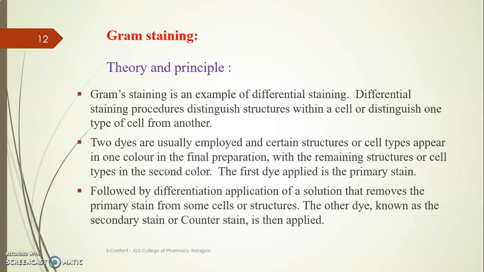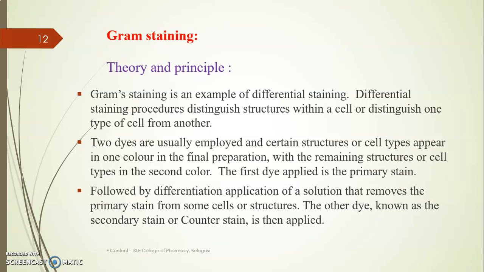Furthermore, the Gram staining procedure. Gram staining is one of the most useful staining procedures. It makes easy the identification of different bacterial cells and some of their important parts.